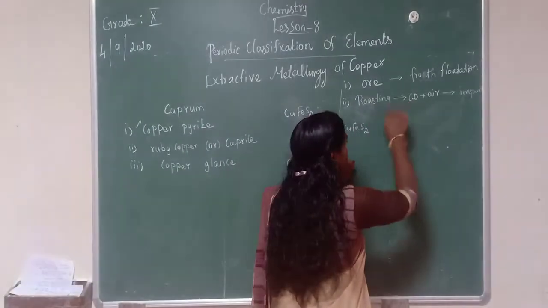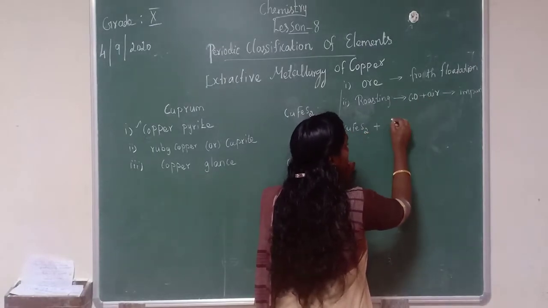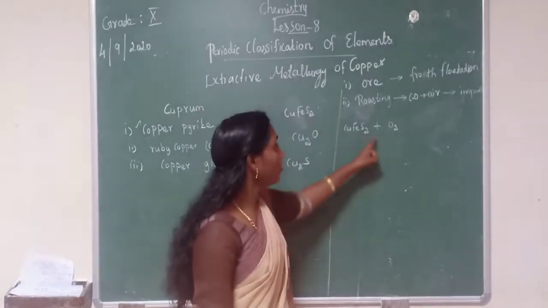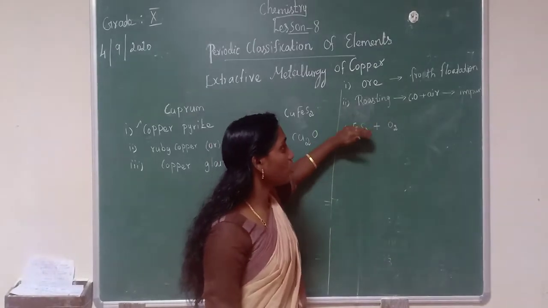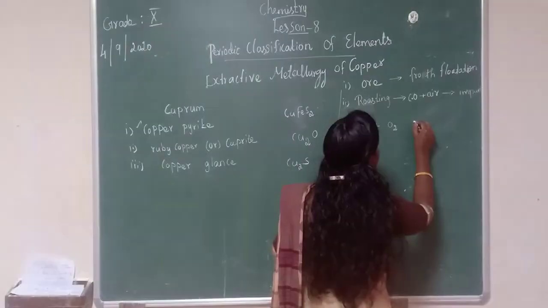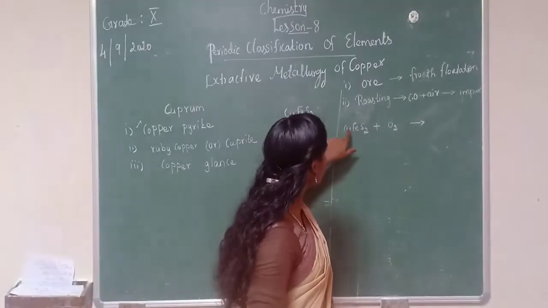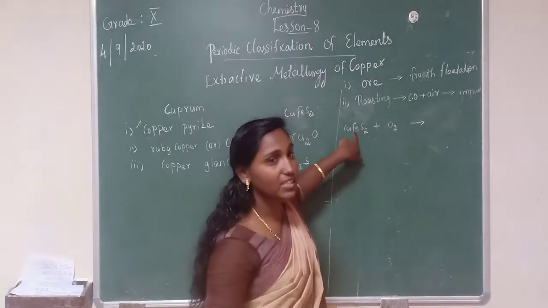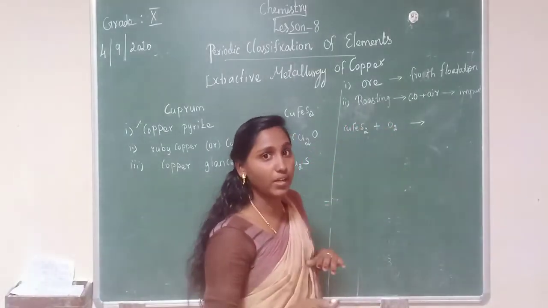This concentrated ore is roasted with oxygen, O2. When copper pyrite is roasted with air, copper changes into copper sulfate and iron changes into iron sulfate, and the remaining sulfur oxide will be removed.